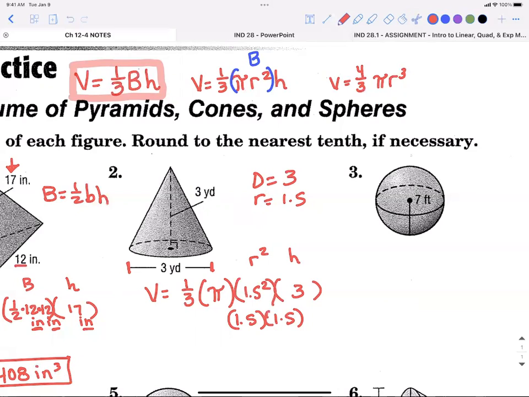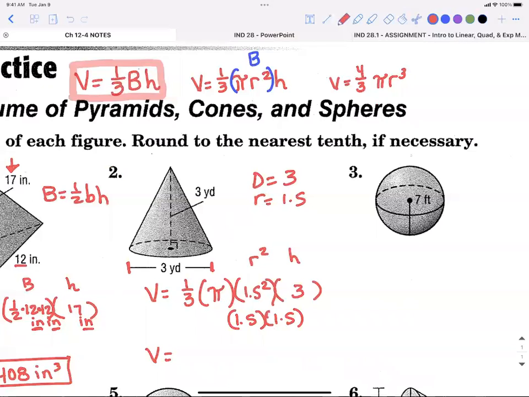All right, so put it in your calculator. 1 divided by 3 equals, helps if I punch in the right numbers, times pi times, and I'm just going to put 1.5 times 1.5. That takes care of my 1.5 squared. Times 3 equals. Let's see, who haven't I heard from yet today?